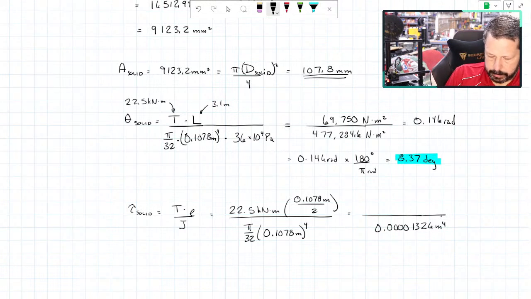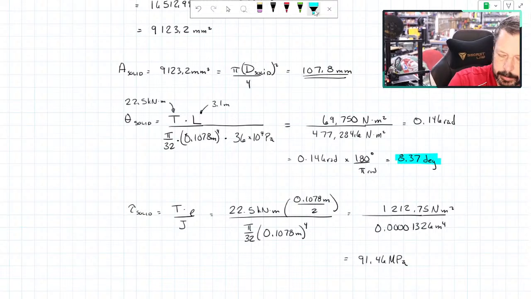times 0.1078 divided by 2, 12.75. Those units are Newton meters squared. So if I divide that by 0.00040 zeros, 1326, I think I get 91.46 megapascals.